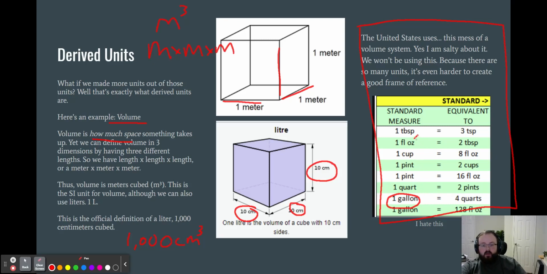But 1 fluid ounce, that means nothing to me. I know 12 fluid ounces is a can of Coke, and 20 fluid ounces is a bottle, but that's it. I'm very much against the United States volume system. Using liters is so much simpler. Commonly, we'll use liters and milliliters, especially.